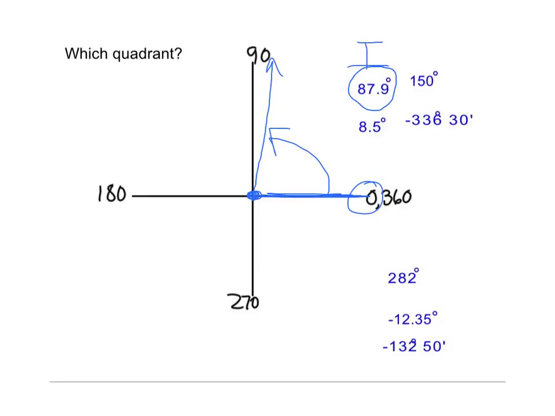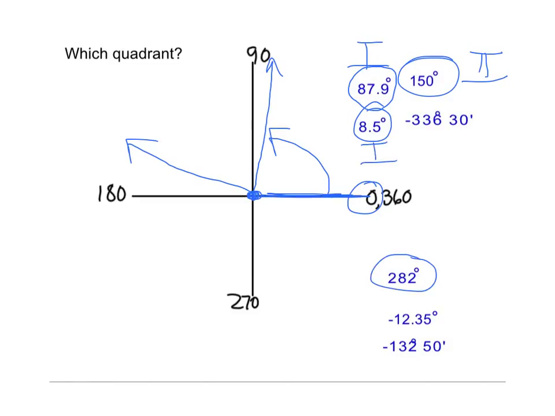This is in the first quadrant. 150 degrees is bigger than 90 but less than 180, somewhere in here, right? So this one is in the second quadrant. 8.5, seems obvious that that would be in the first quadrant. 282, well, 282 would go all the way around to 270 and past, so it's in the fourth quadrant.